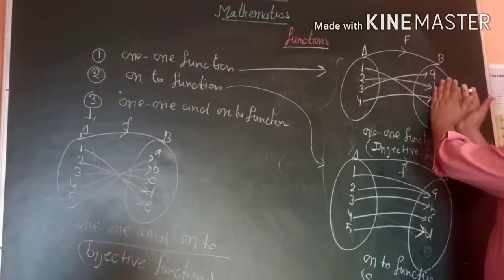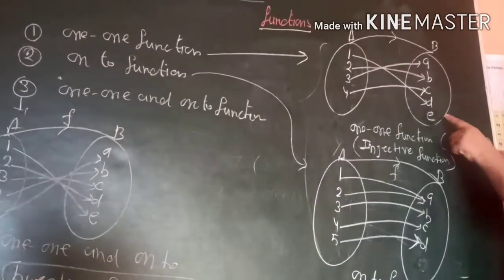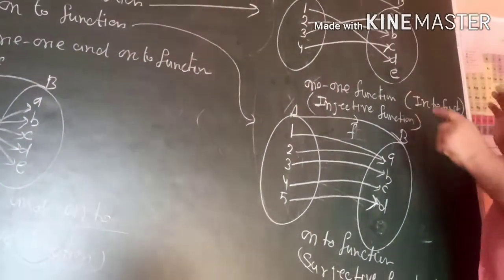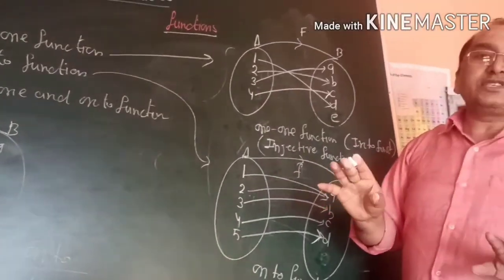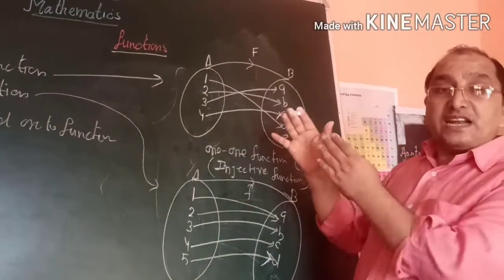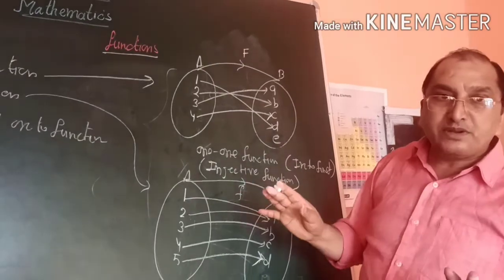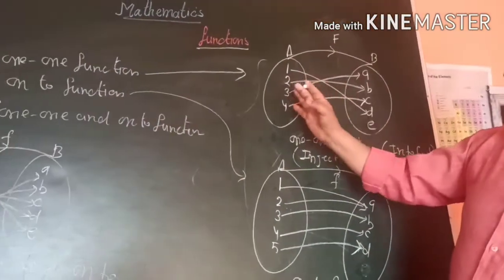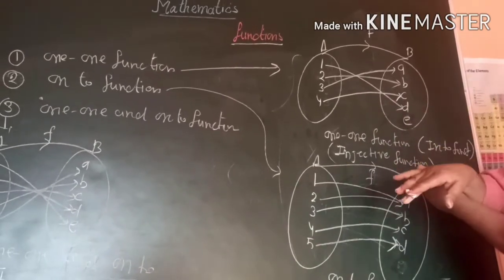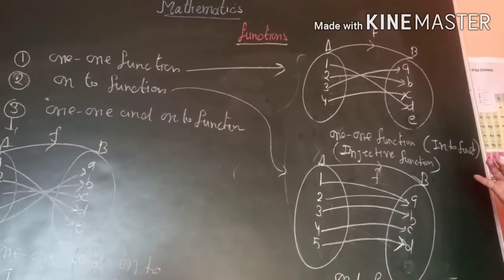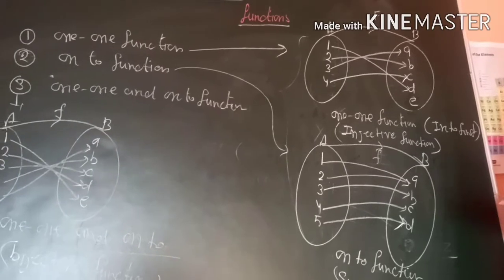All the elements will go there and these will come here, and E will be left. But we know that if an element in set A does not have an image in set B, this type of function is not possible. So if we flip these elements, this will not be a function.